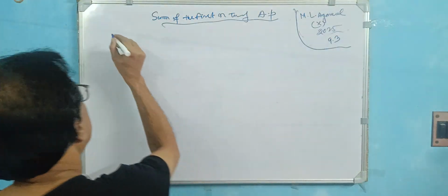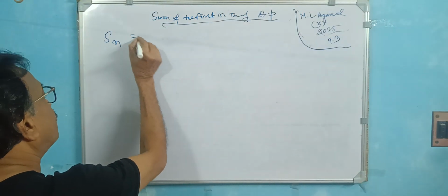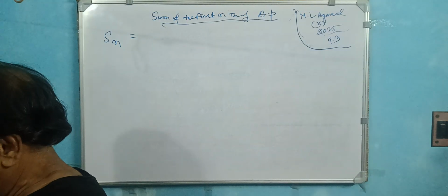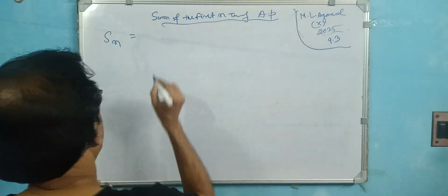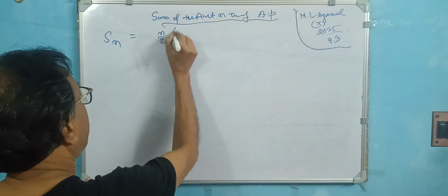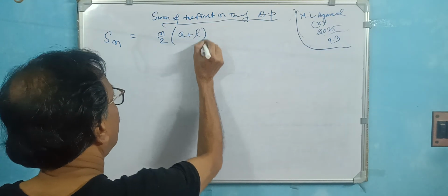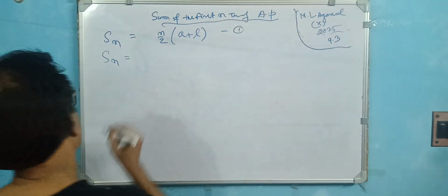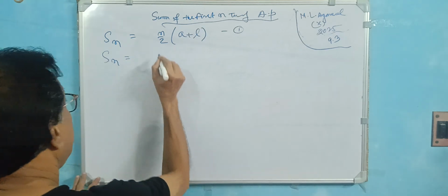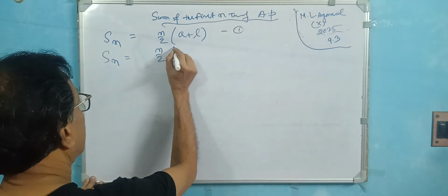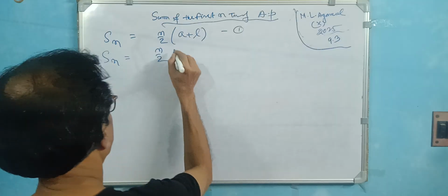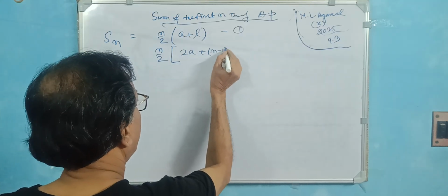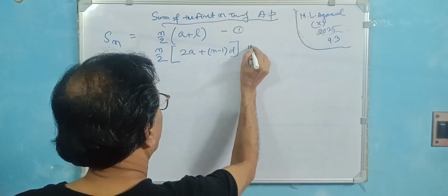One is Sn is equal to n by 2 bracket a plus l, one formula, and the other formula is Sn is equal to n by 2 bracket 2a plus (n minus 1) into d. This is the second formula.